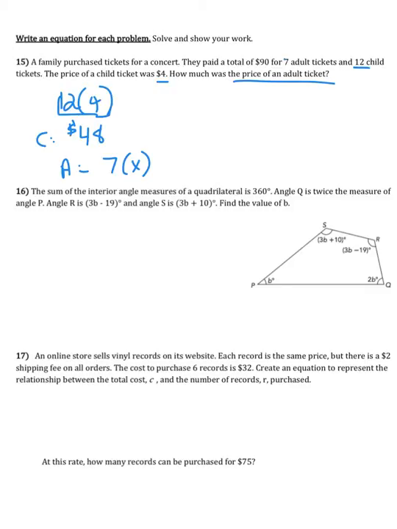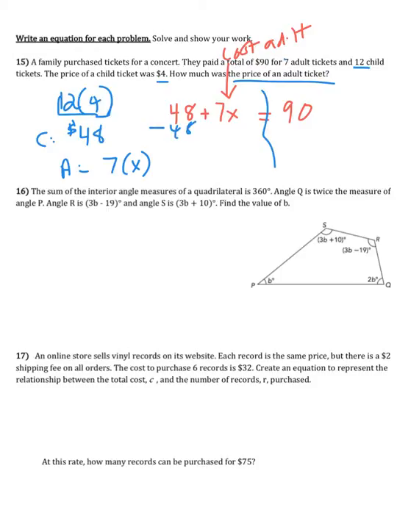So $48 for the children tickets plus 7 adult tickets, however much those were. This is going to be the cost of the adult ticket, is going to be equal to, I paid a total of $90. So once we get that set up, we just solve.